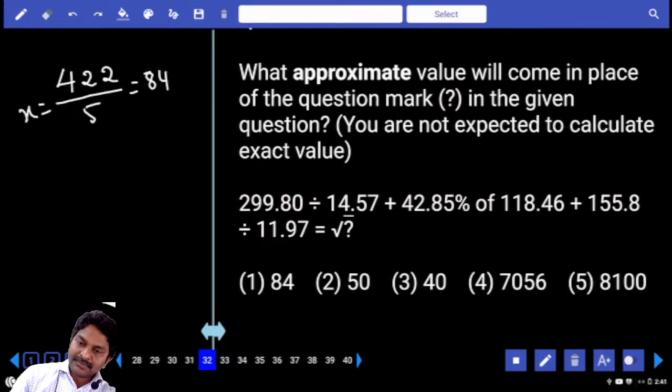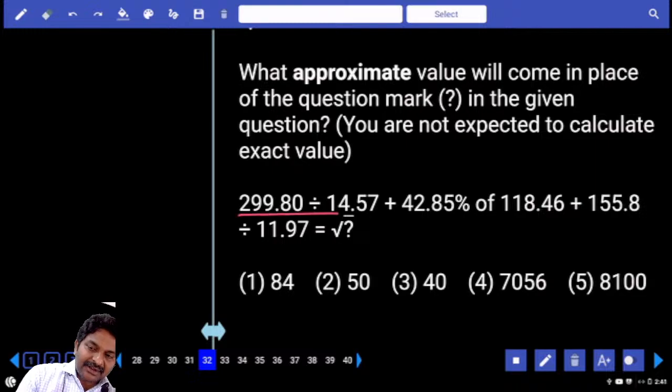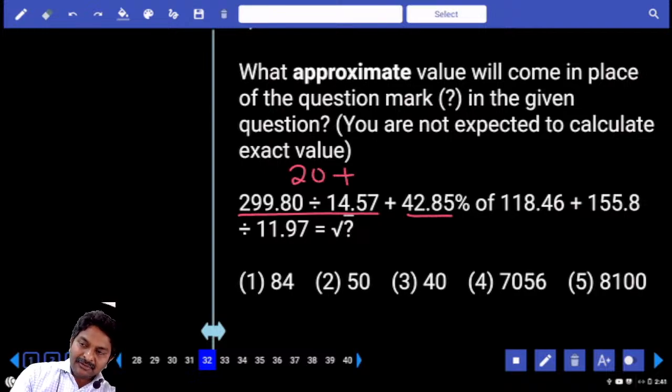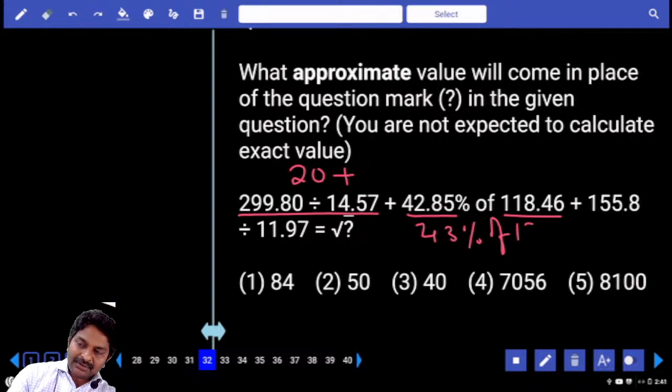Right. Next, 300 divided by 15. How much is this? 20 plus 43% of 120. Or we can write 120% of 43 also. 100% is 43. 20% is 8.6.